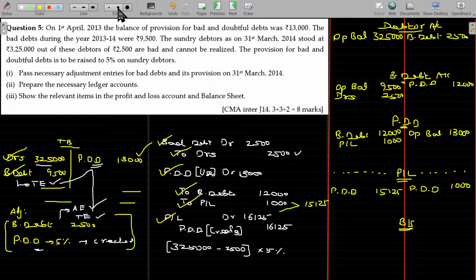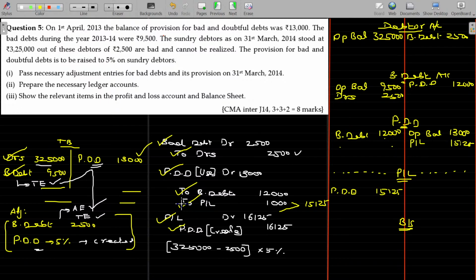I am neutralizing that. Clear? And here I have PDD being 16,125 in PDD by P&L account. Already here is 1,000, so we can utilize that one also if you want, or you can post that way also, no problem. So 15,125.